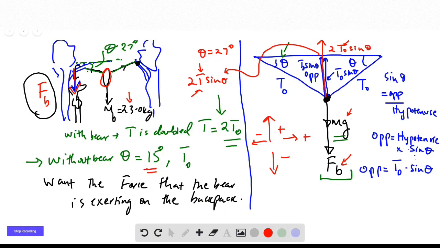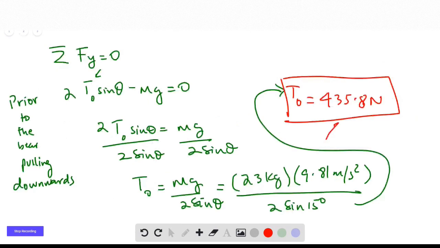Initially, it was making an angle of 15 degrees with the horizontal, as long as the bear was not pulling downwards. And using a free body diagram, we see that the tension supplied by the string is equivalent to 435.8 newtons. And then we introduce the second force, which is the force by the bear pulling downwards.